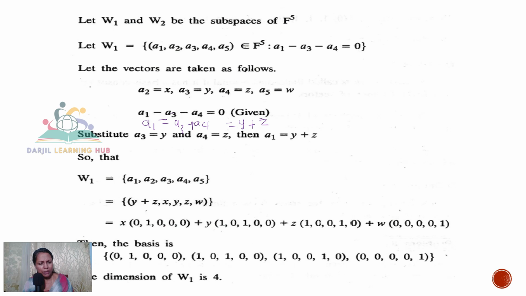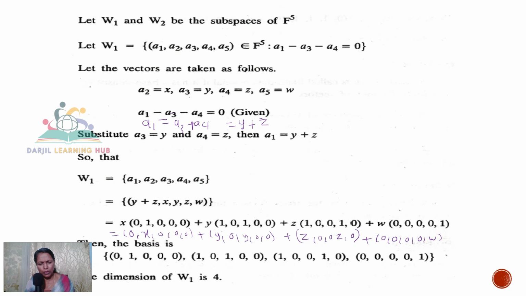Removing the brackets, I can show you: this is nothing but (0, x, 0, 0, 0) plus (0, y, 0, 0) plus (z, 0, 0, z, 0) plus (0, 0, 0, 0, w).